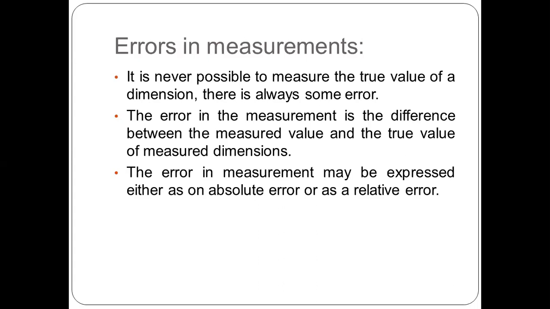The error in the measurement may be expressed either as absolute error or relative error. So there are basically two types of error. Absolute error is also called systematic error, and relative error is also called random error. So there are two types: first is your systematic error and second is your random error.